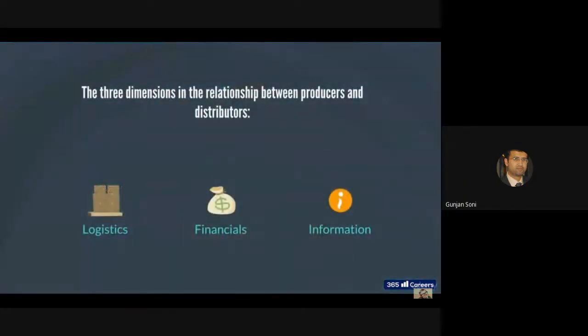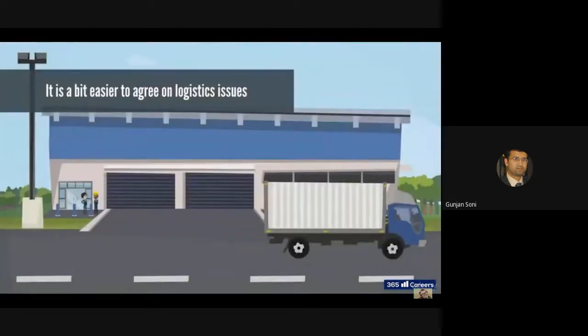The relationship between producers and distributors will have 3 main dimensions: logistics, financials, and information. Things are easier to agree about on the technical side of logistic issues. The producer company will ship its products to distributors, who will deliver them to final customers. And if something goes wrong, clients will return the product to the distributors, who will send it back to the producers.